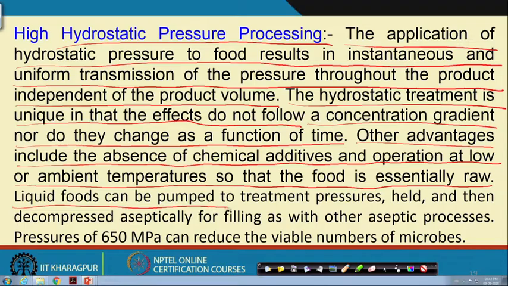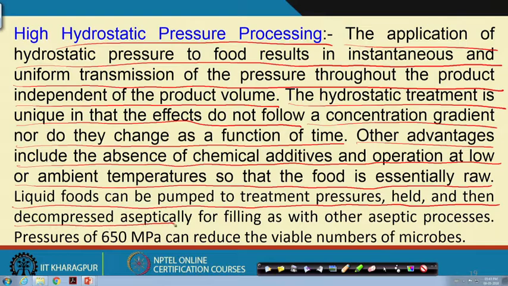Liquid foods can be pumped to treatment pressures, held and then decompressed aseptically for filling, as with other aseptic processes. Pressures of 650 megapascal can reduce the viable numbers of microbes, right.